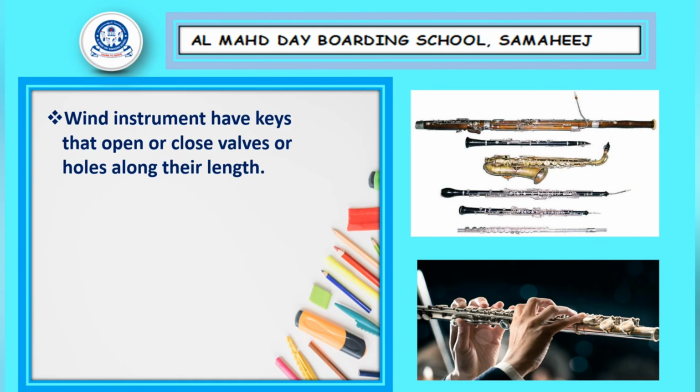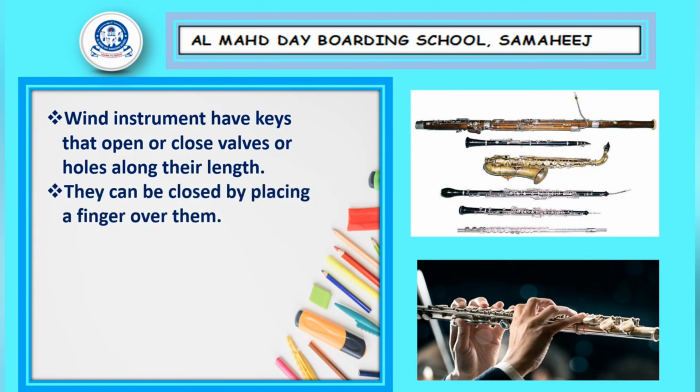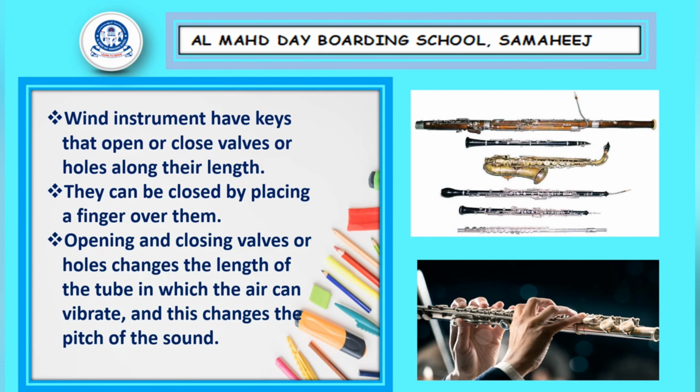Wind instruments have keys that open or close valves or holes along their length. They can be closed by placing a finger over them. Opening and closing valves or holes changes the length of the tube in which the air can vibrate, and this changes the pitch of the sound.